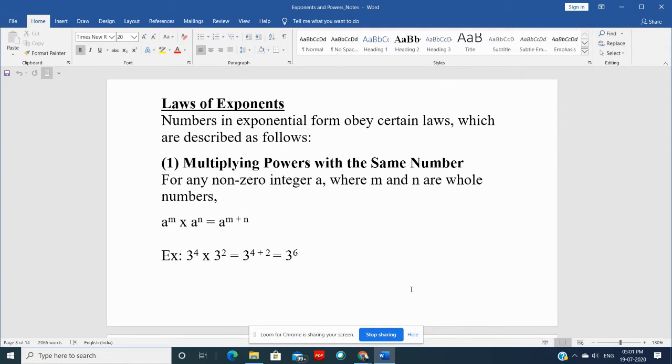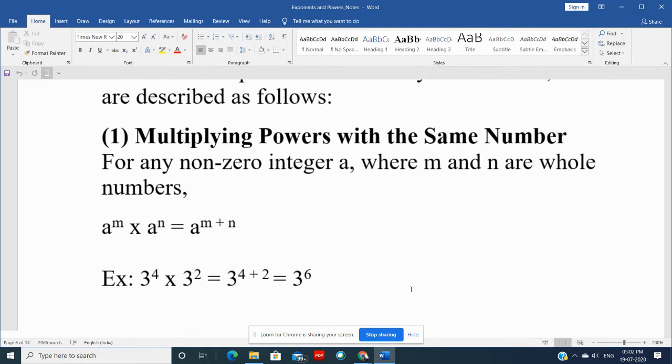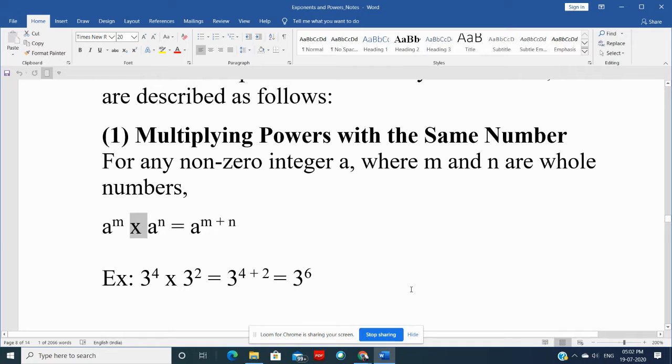So the first rule is multiplying powers with the same number. When we say same number, it means same base. For any non-zero integer a, where m and n are whole numbers, a raised to m into a raised to n is a raised to m plus n.